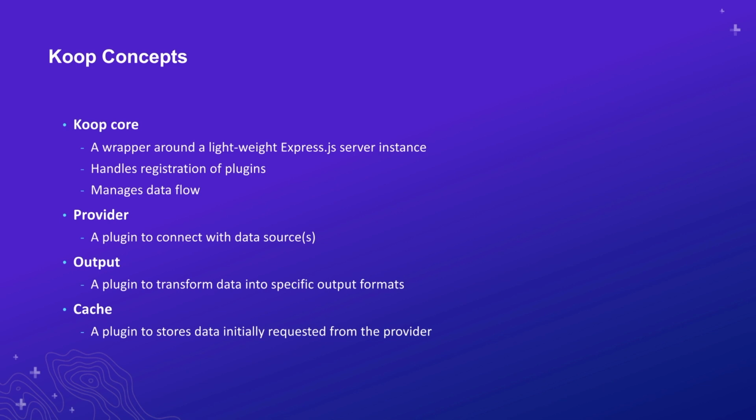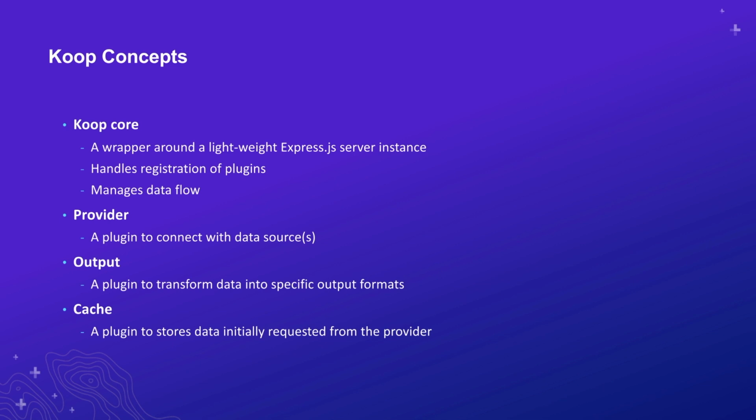Then there is a provider, which is one of the plugin types. And providers are used to connect Koop with remote data sources. They don't always have to be remote. They might just be local files, but in many cases, they are a remote API. So providers connect with those kinds of data sources.